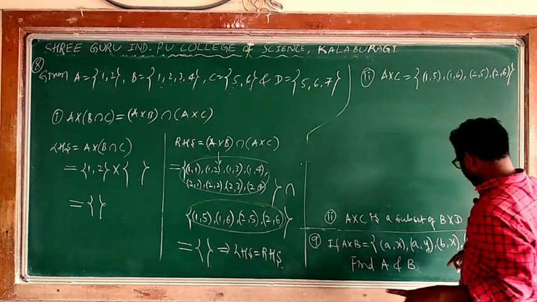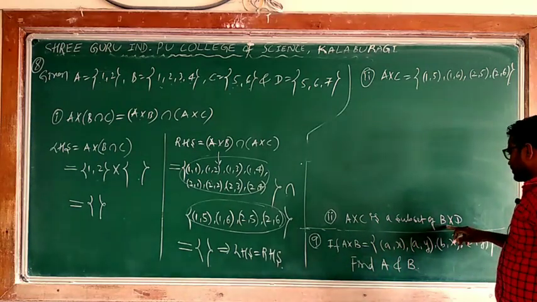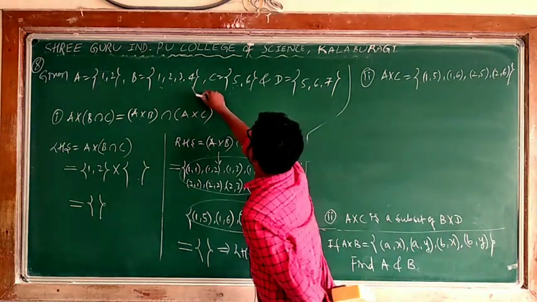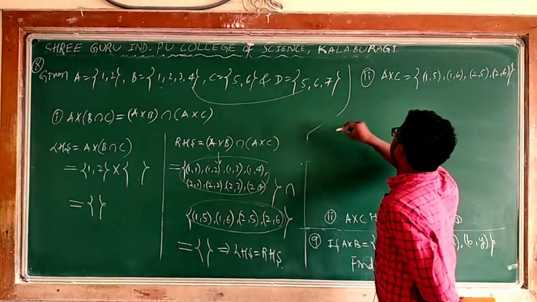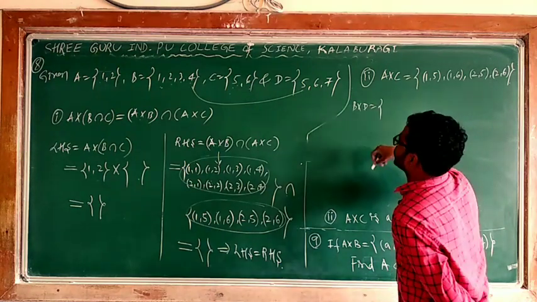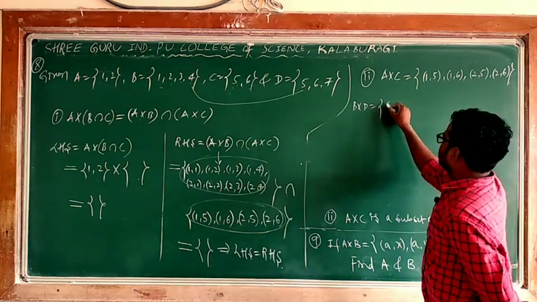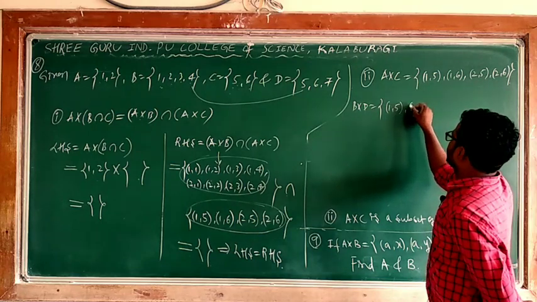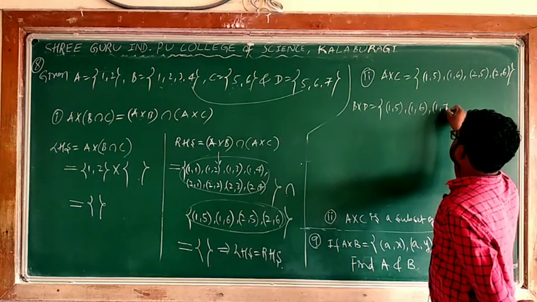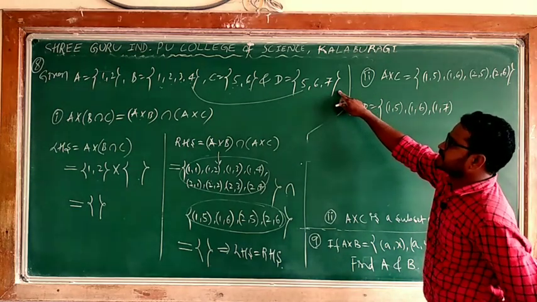And the other he is asking is the subset of B cross D. B cross D is equal to (1,5), (1,6), (1,7), because D has 5, 6, 7.